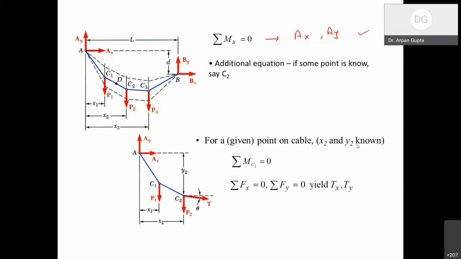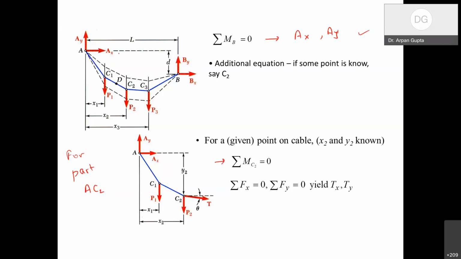Of course x2 was already given, so suppose I know y2, the position of point C2. Then we can write the moment equation about point C2 for the part of the cable which is AC2.